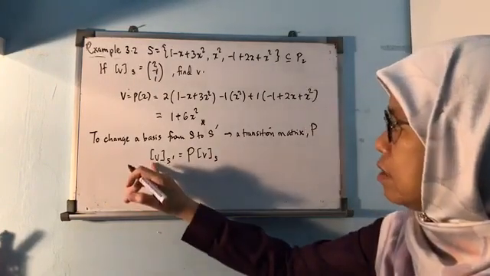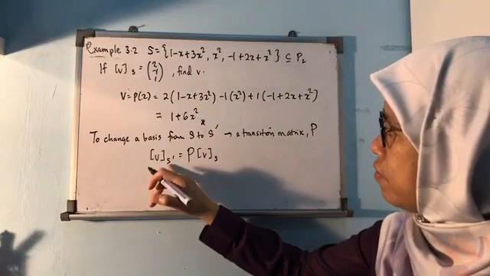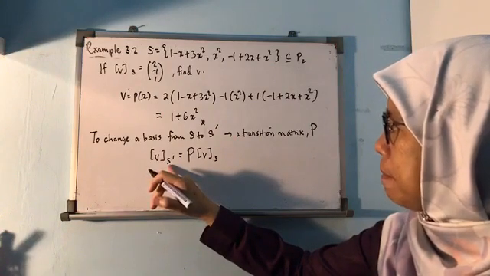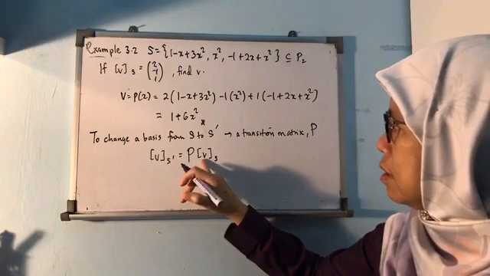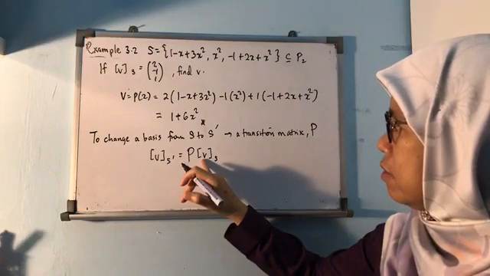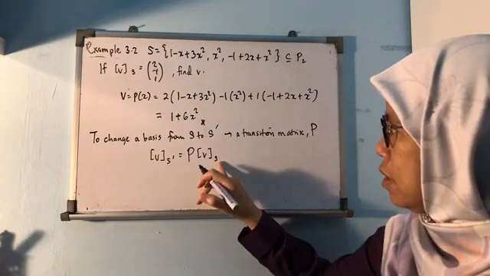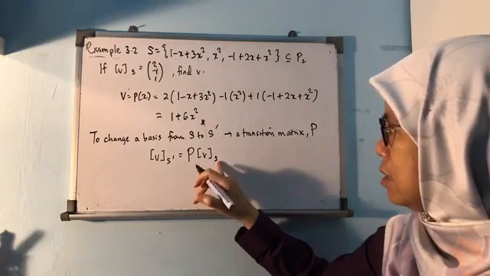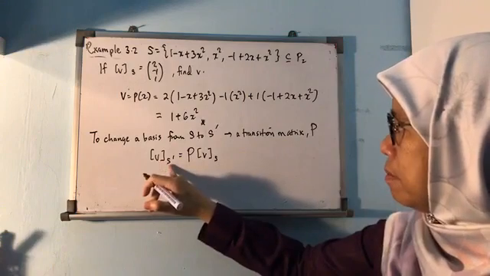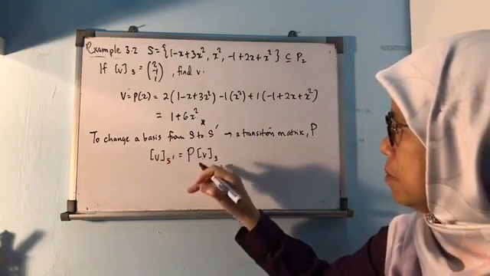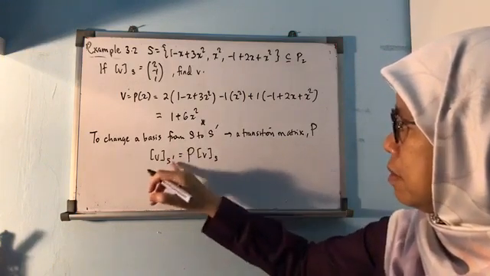The coordinate vector of V relative to the basis S prime is equal to P times the coordinate vector of V relative to S. So this is from S to S prime. If you want to change from S prime to S, then you put S prime here, S here.